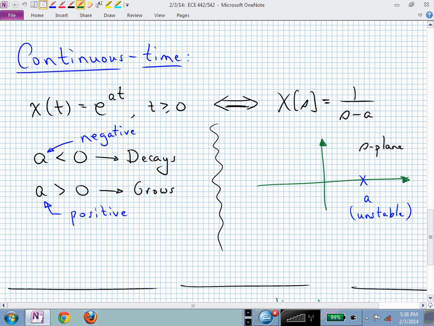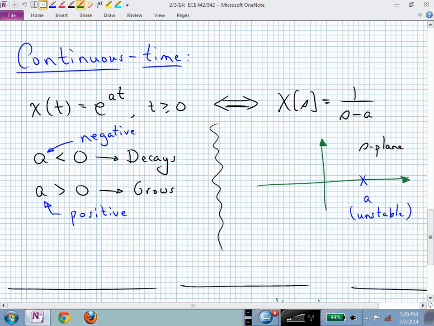I'm sketching this for an A value that's positive. We never really talked too much about the region of convergence, but if your S is basically bigger than that A is, you're multiplying by e to the minus st. That S is going to allow that argument of your integral to be giving you a bounded result in the Laplace transform.